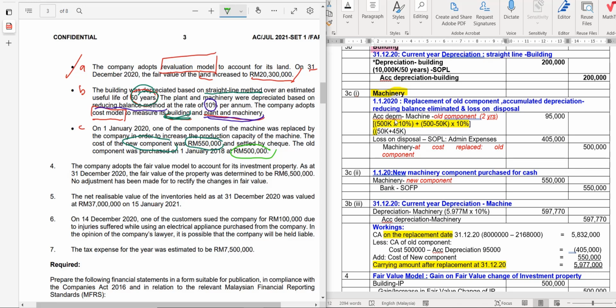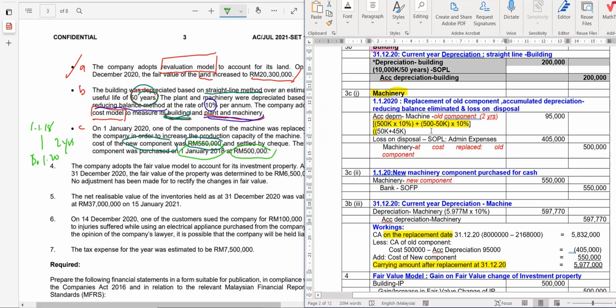For depreciation related to the old component, it was bought on 1st of January 2018 until 1st of January 2020, which was 2 years. So you need to remove that 2 years of depreciation, since it was using the reducing balance method. The first year, 2018, was recorded at cost.